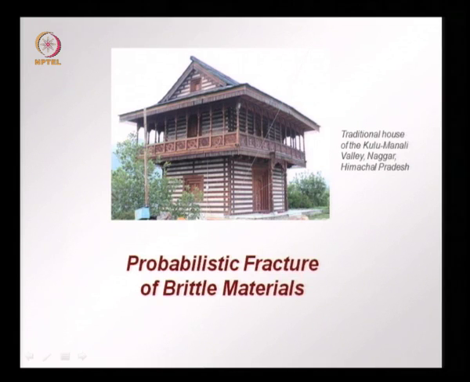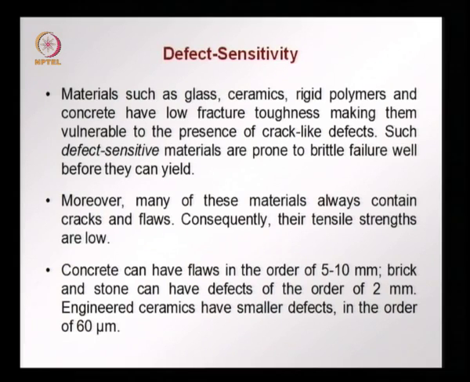Though all these materials look similar, each of them will have a different set of defects. So when we look at the failure of a brittle material, these defects and the variation of these defects from one element to the other, even though the material is all the same, can affect how fracture occurs.